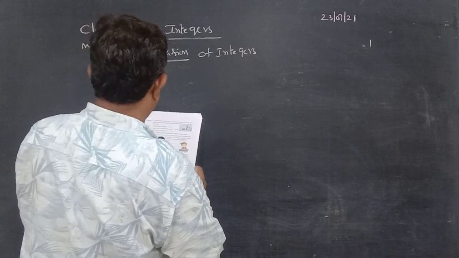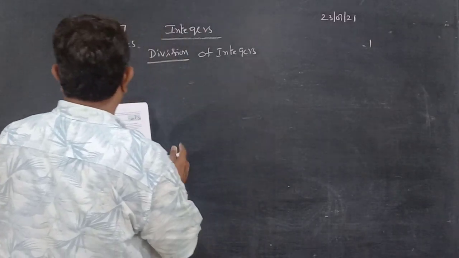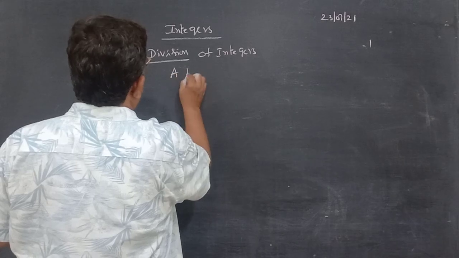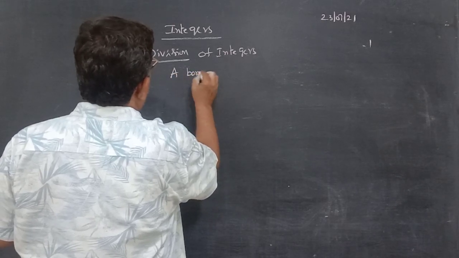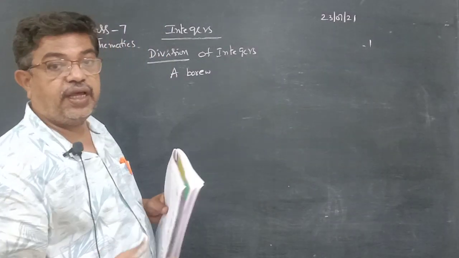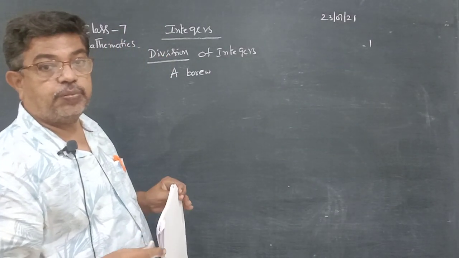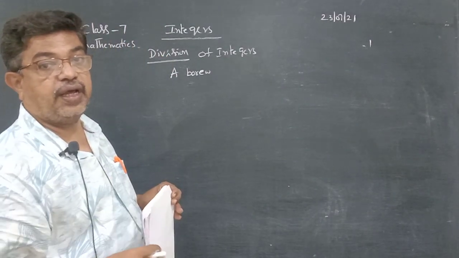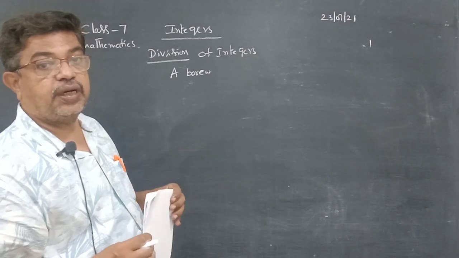We are going to do some step problems. A borewell machine. You all will be observing borewell machines here and there. The borewell machine people will come and dig a bore in the earth for the particular purpose.